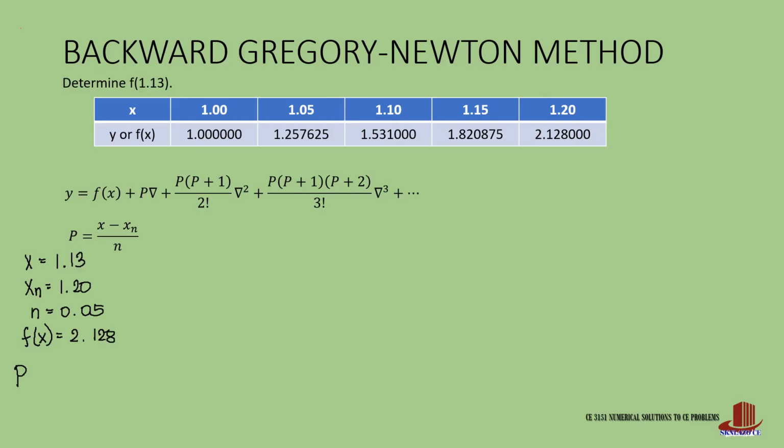Our p would then be solved as x 1.13 minus x sub n, or 1.20. This would be all over 0.05, which will then give us negative 1.4.